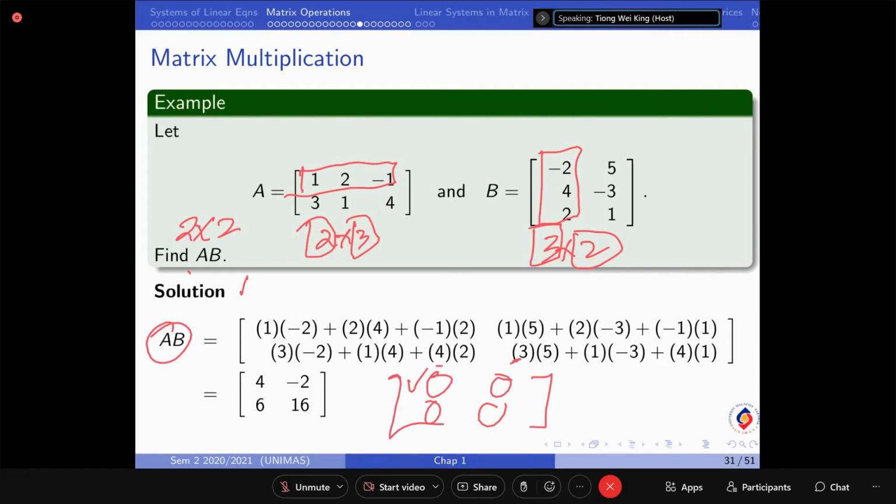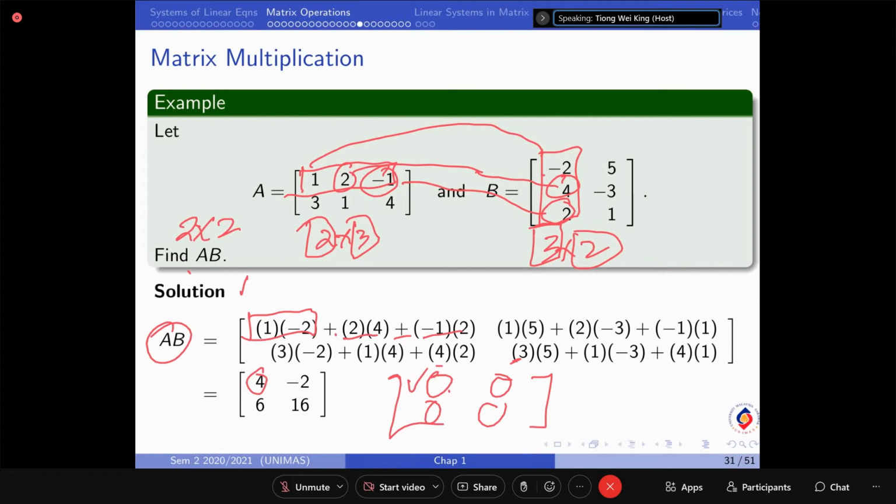So 1 times -2, plus 2 times 4, plus -1 times 2. If you do the summation, you get 4. Okay, so that's the first entry.